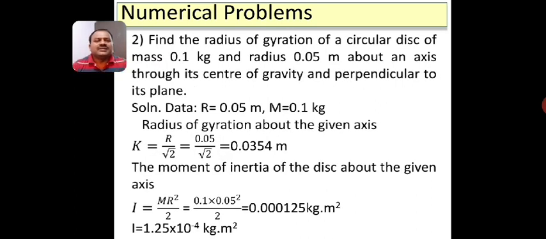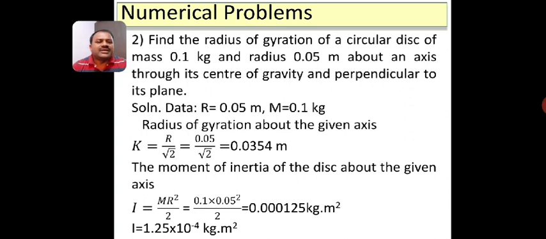Next, the second problem: find the radius of gyration of a circular disk of mass 0.1 kg and radius 0.05 meter about an axis through its center of gravity and perpendicular to its plane. Again, it's a circular disk. The mass is given as 0.1 kg and the radius is 0.05 meter.